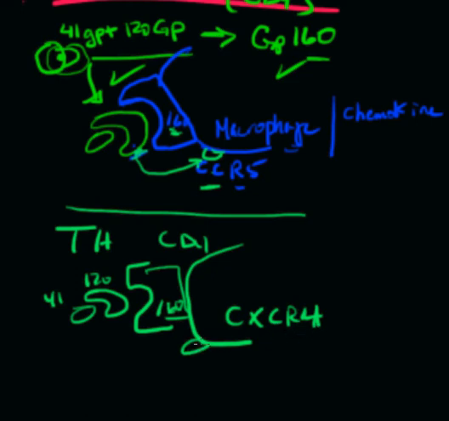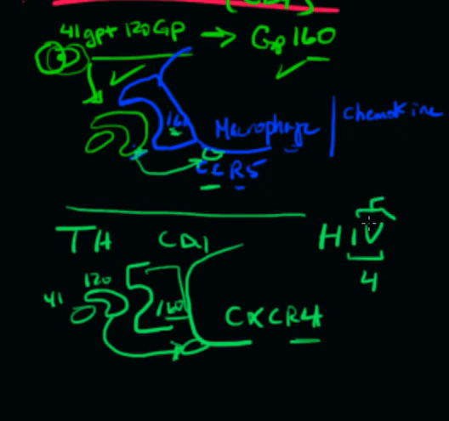So now we have to memorize two receptors: the CCR5, which is the macrophage receptor, and the CXCR4 on the T helper cell. I like to remember these two this way: HIV, IV. In Latin, IV by itself means 4, and the V by itself means 5.